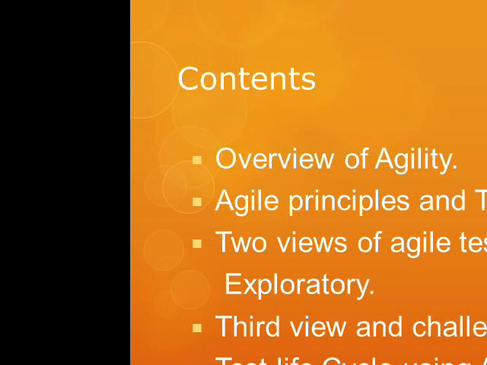So first of all, what is Agile testing? As you all can see, this is the diagram in which I have explained what is Agile testing. In this Agile testing, I will try to explain through the diagram.